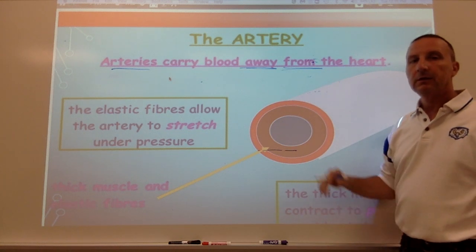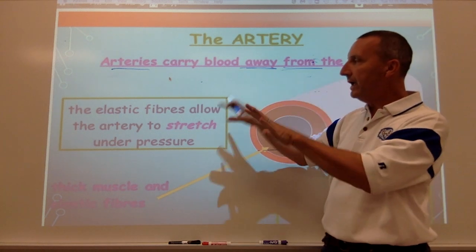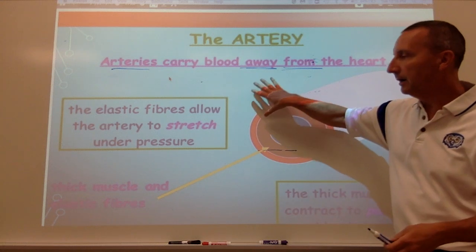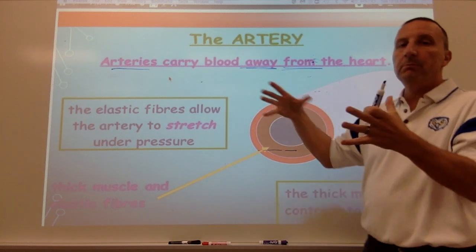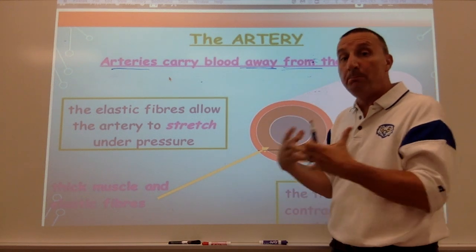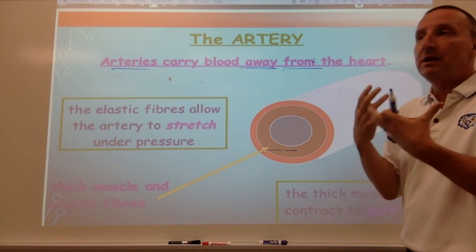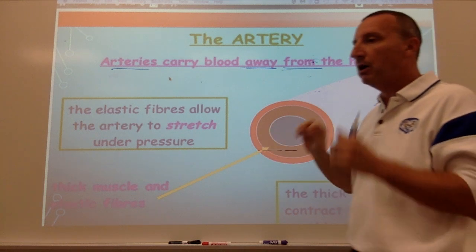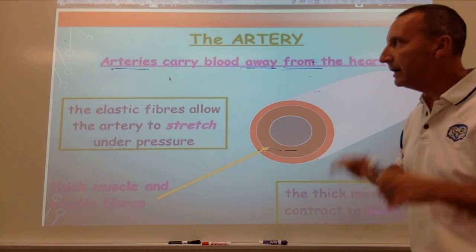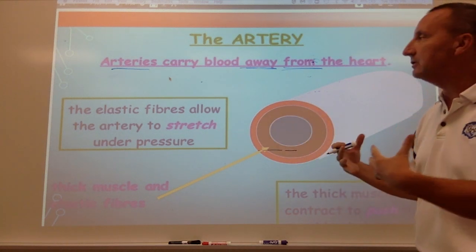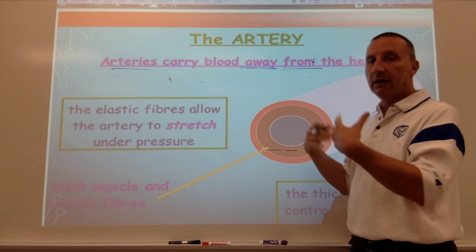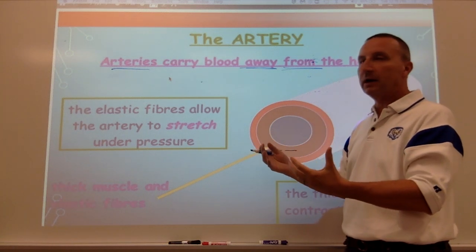They pump blood away from the heart. The aorta is the biggest artery in your body because that's where all the blood initially leaves the heart, and then they get smaller, but they go out and bring the oxygen and the food and everything else out to the rest of your body.